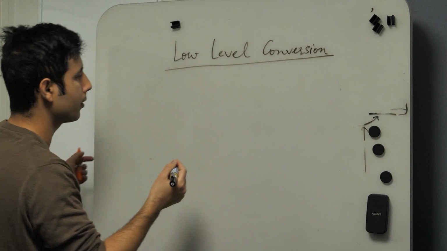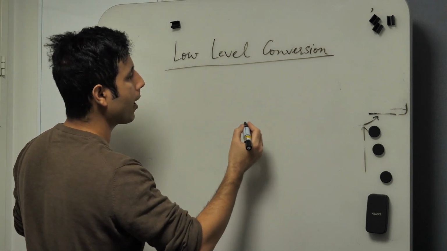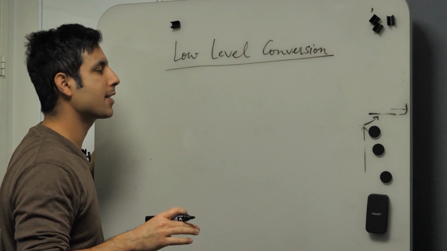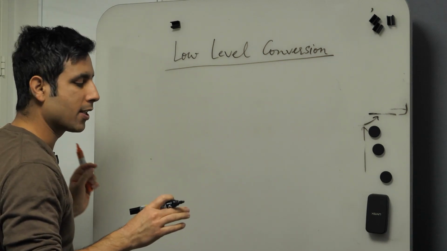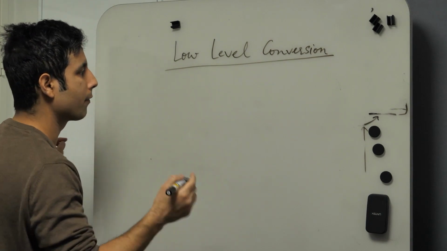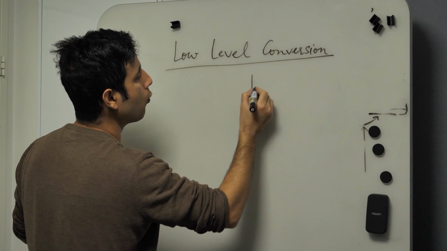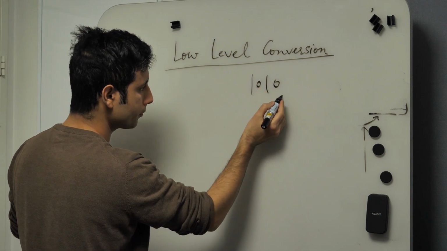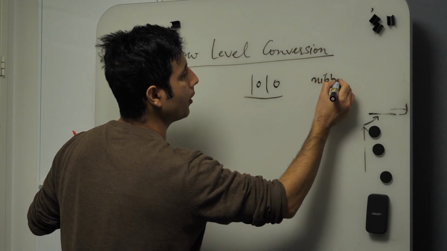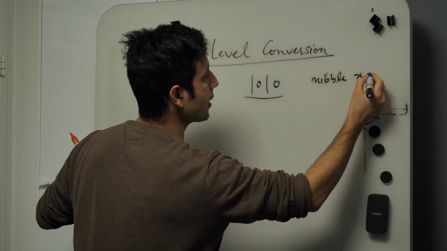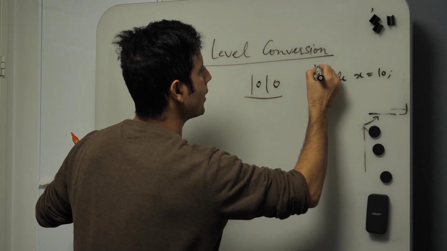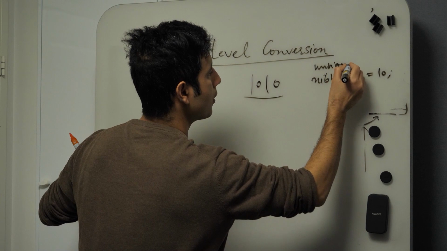Say, for this discussion, let's assume that C has a data type which has 4-bit length. Say you have a number 1010, and suppose it's called a nibble data type, and x equals 10. It's unsigned.